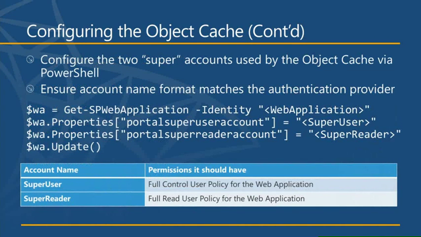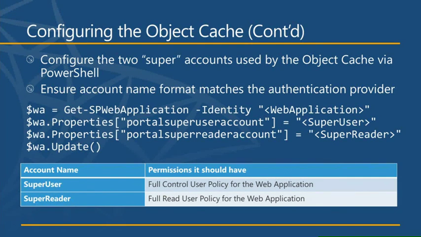Now, none of this is going to work properly unless we configure the super accounts. We don't have a very good name for these, unfortunately, or particularly good documentation. But this is the reason why it doesn't work, even though it's on by default. Right? So I've already said this is kind of on by default, but unless we configure these two accounts, it's not actually going to get anything from the cache properly.